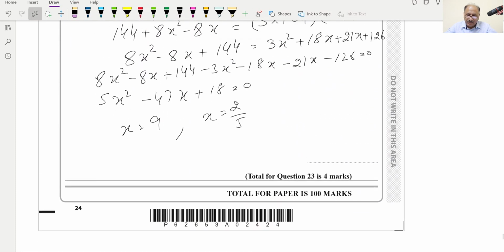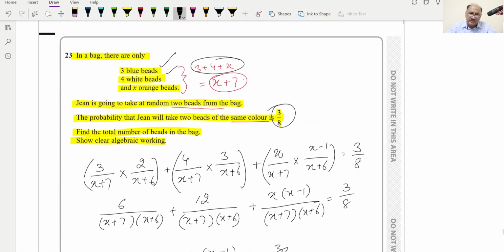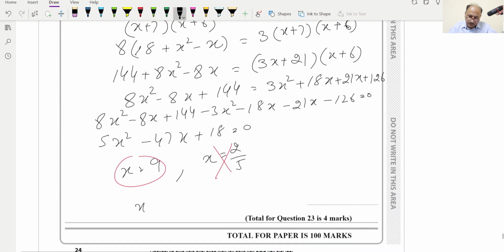So we will reject this fraction, and we will accept this answer x equals 9, and this x value we will replace in x plus 7, and we will get what? x plus 7 is equal to 9 plus 7, which is equal to 16. So our answer will be 16.